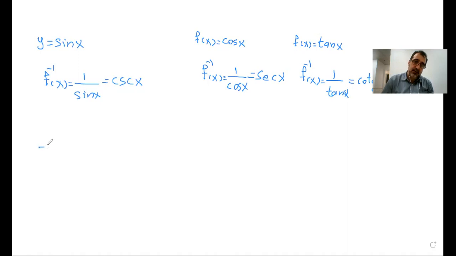For sine x, if we graph this function for one period, this is x, this is y.